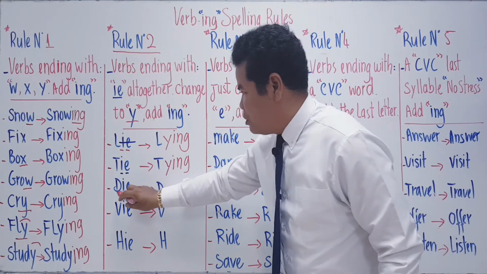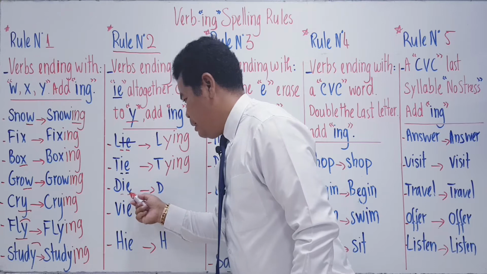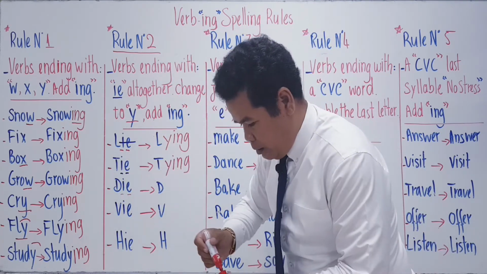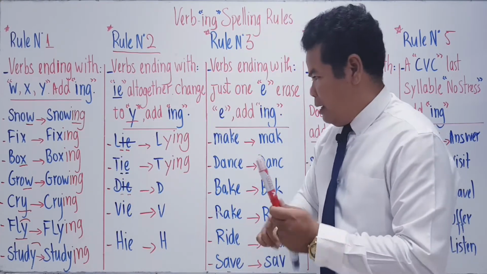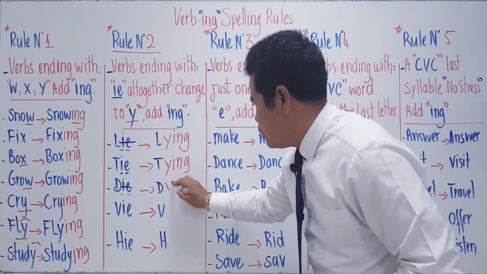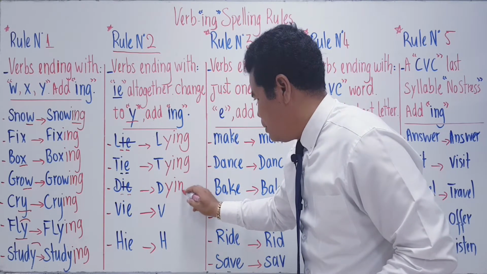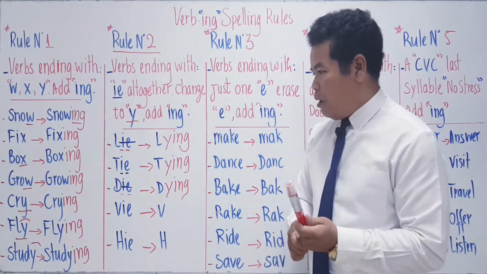How about die? IE together. So erase IE and then change to letter Y, and then ing. Okay? How about vie?